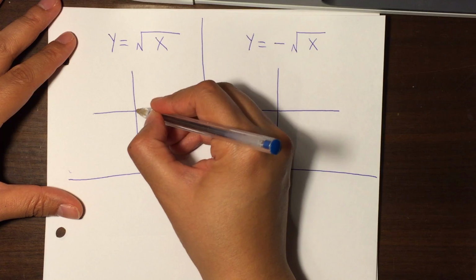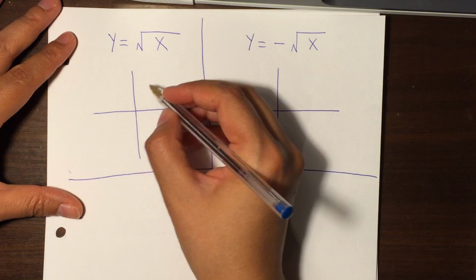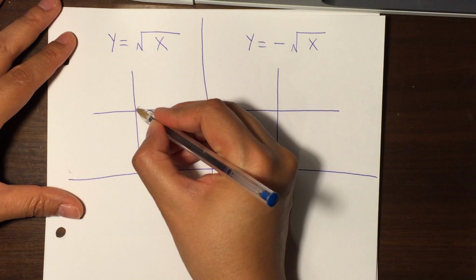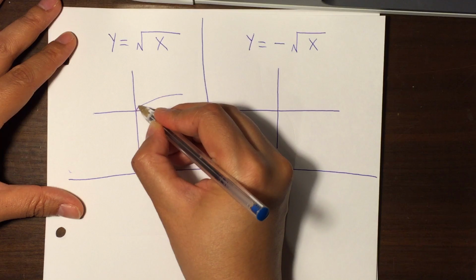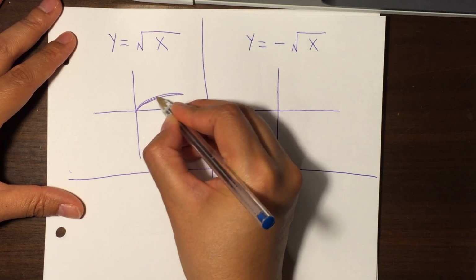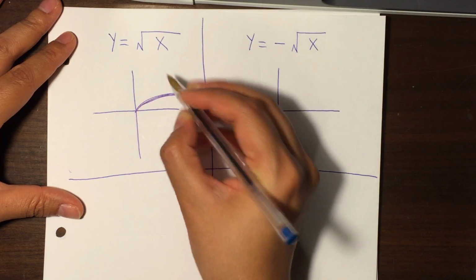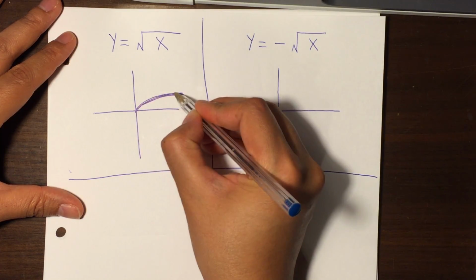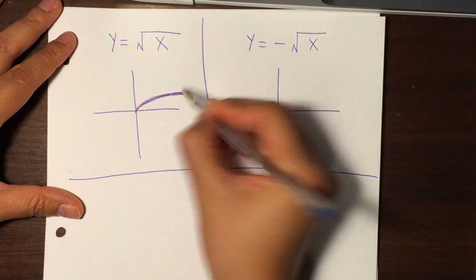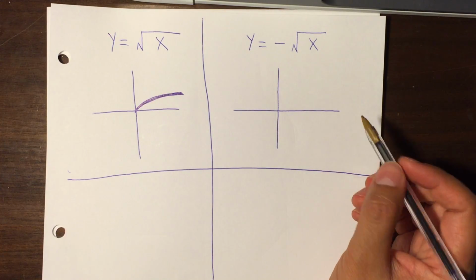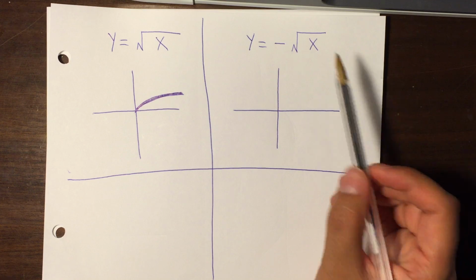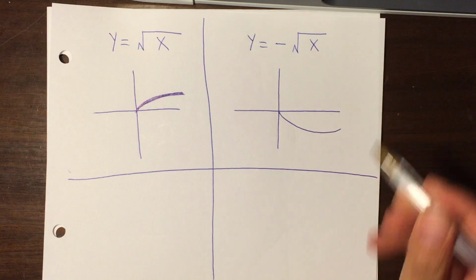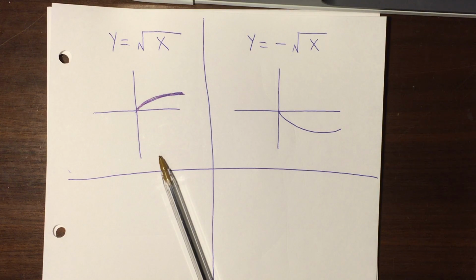Okay, and so again, once we're in algebra or integrated math, you're gonna learn more of this with detail, but for now you just need to know that it's kind of like this. I don't know, like if you had wings, half of a wing, or one of the wings, sorry, that will be the positive square root of x, and then the negative square root of x will be going this way. Okay, let me check that.